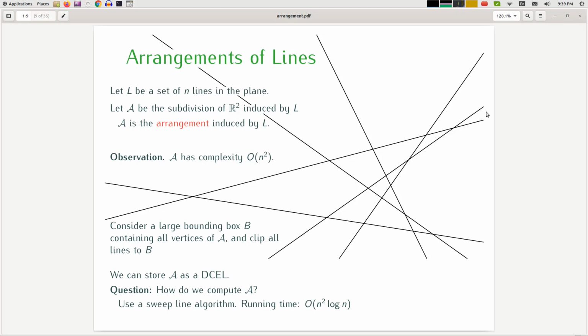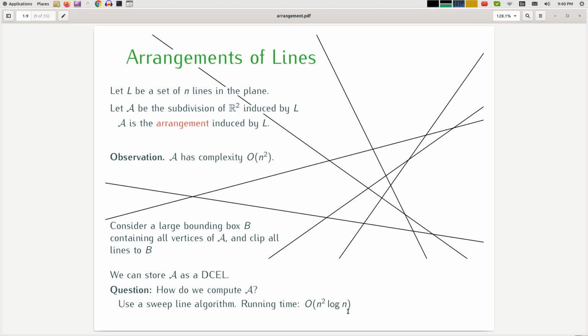So therefore I could put a bounding box that just contains all the intersection points, and then I could run the sweepline algorithm. That would give me an n squared log n solution, which is almost optimal. It's only a log n factor away from optimal.